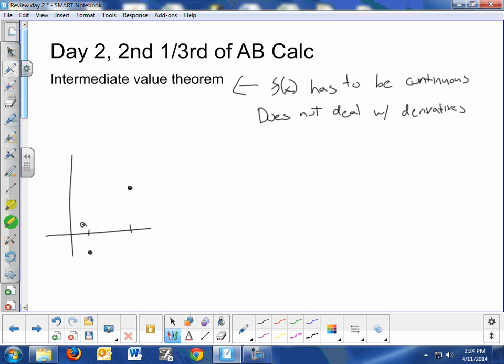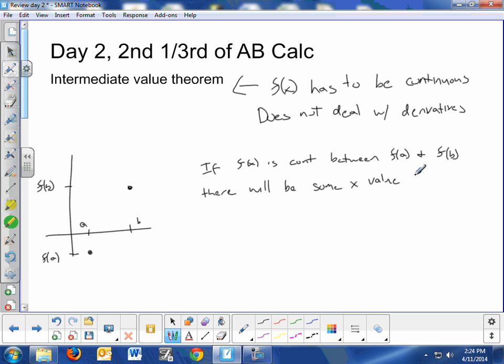We have some A and some B. We would consider this to be f of A and this to be f of B. If f of x is continuous, between f of A and f of B, there will be some x value that will produce all f of x's between f of A and f of B.